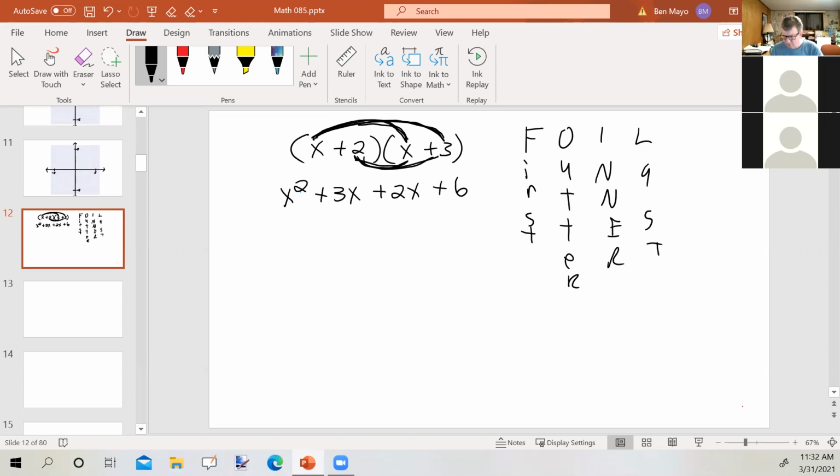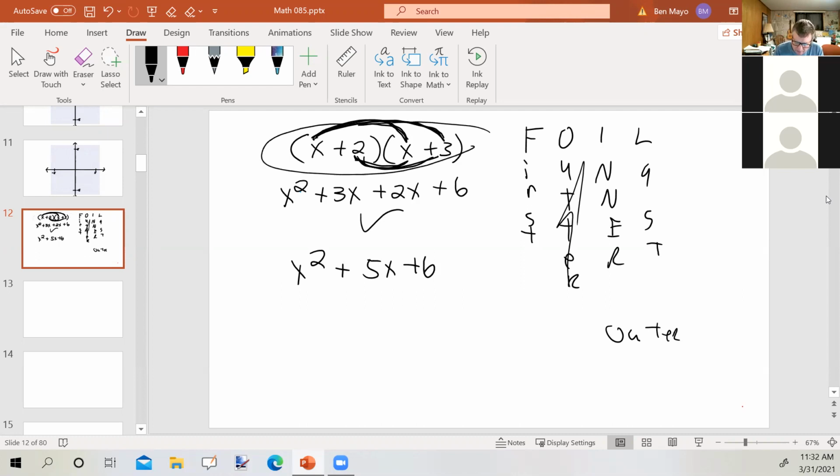Let's see, does outer have two T's? Outer, I don't know. Anyway, okay. So then going on, combining like terms, we get x squared plus 5x plus 6. So multiplying together these two binomials, we get this trinomial, that is with 3 terms.